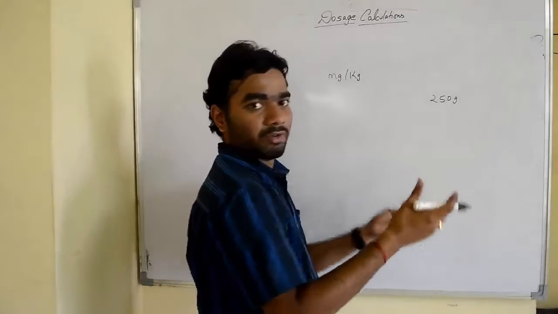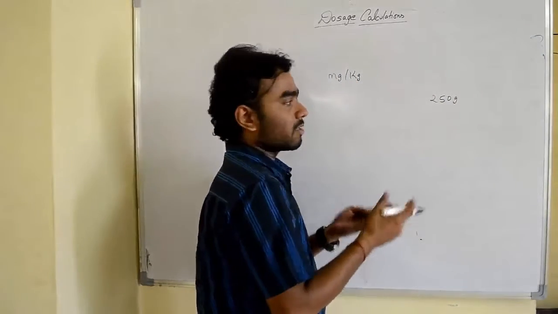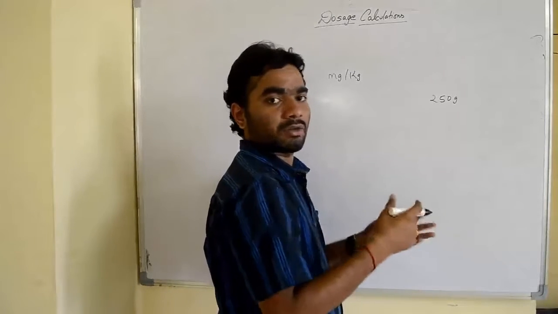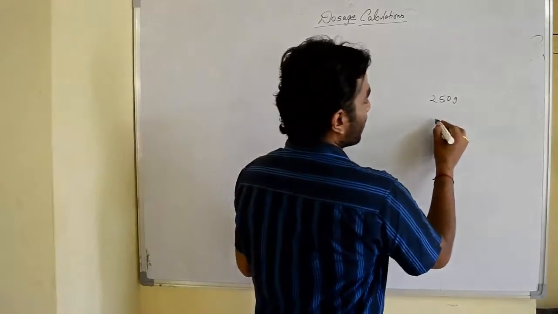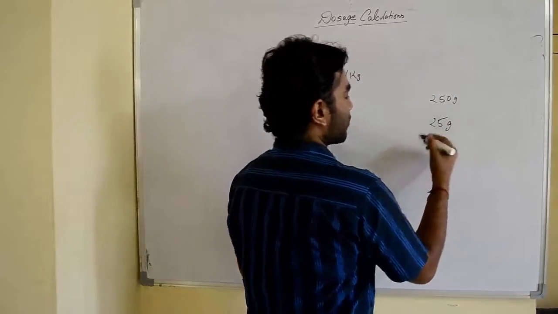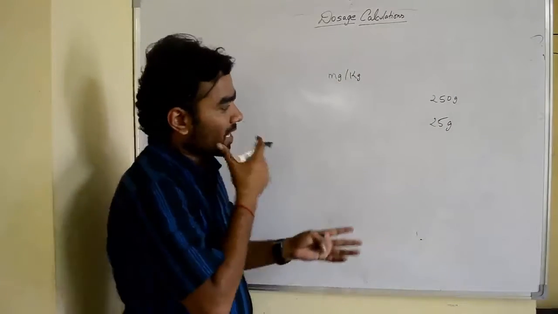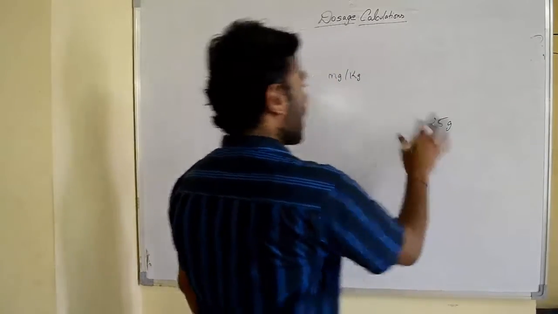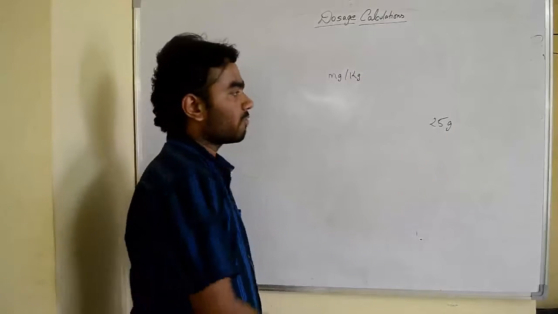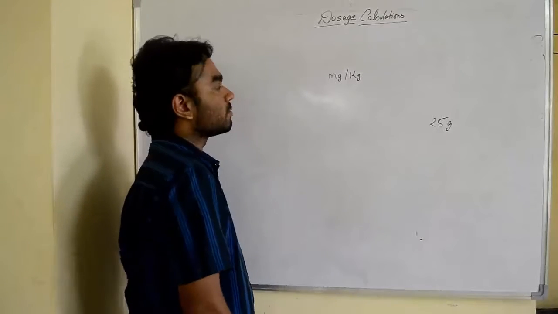It depends on different strains of animals, rats, and different conditions of nutrition. If you take mice, the average may be 25 to 30 grams. I am taking only 25 grams for example, just forget about the rat now.